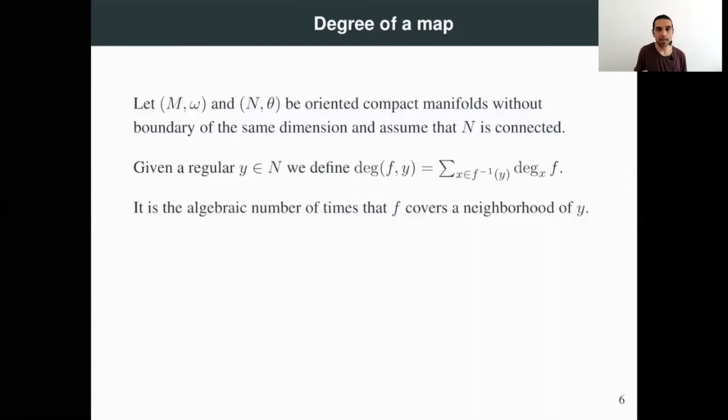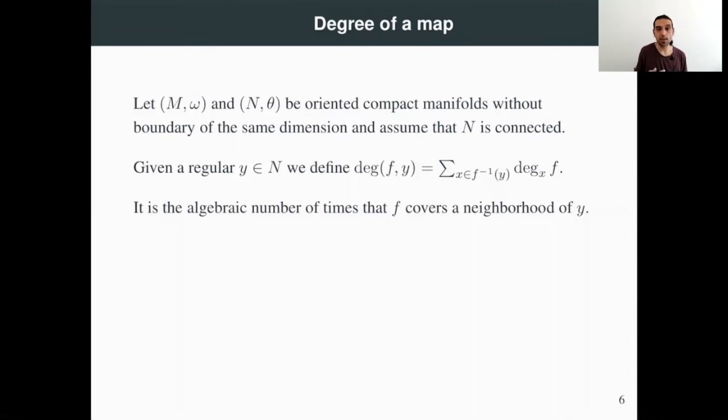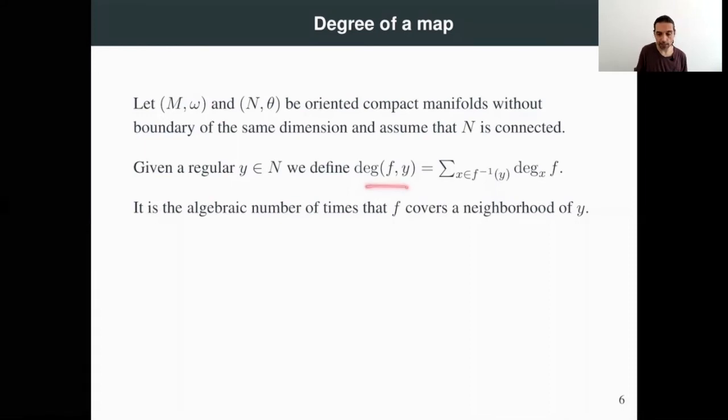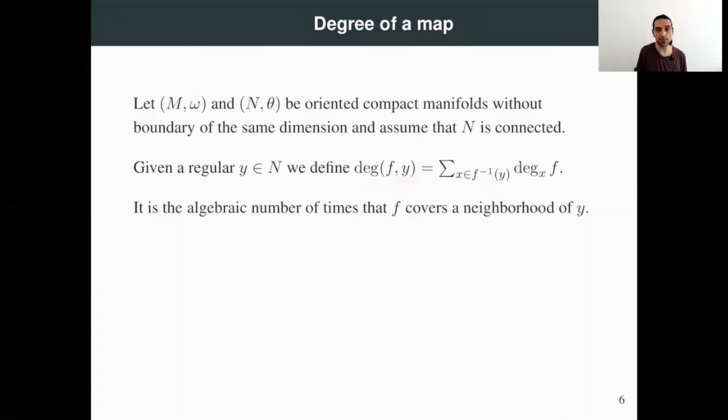Let M and N be oriented compact manifolds with boundary of the same dimension, and assume that N is connected. In this setting, we defined the degree of f at y, where y is a regular value. Here we are not writing the orientations because they are implicit. This is essentially the algebraic number of times that f covers a neighborhood of y.